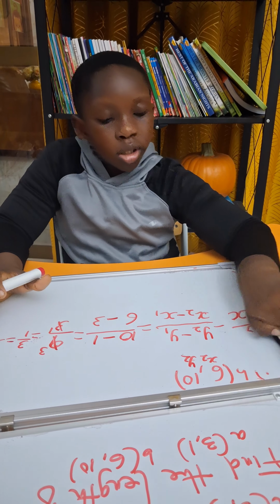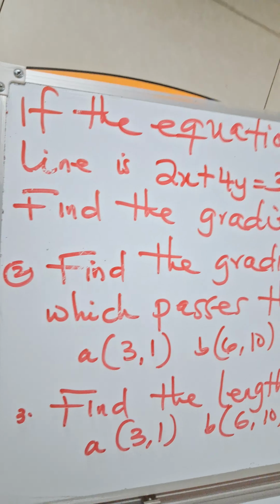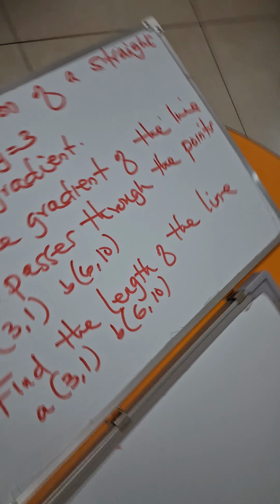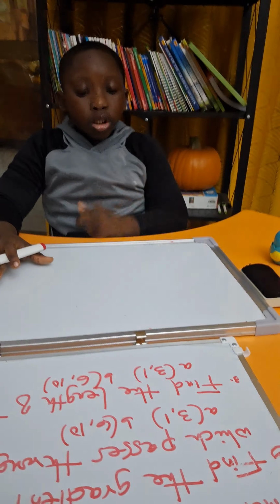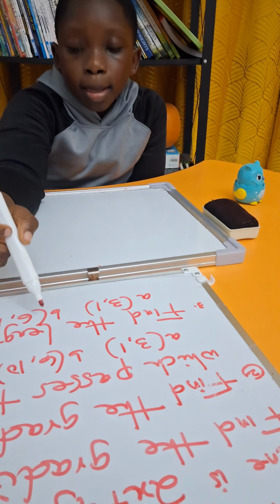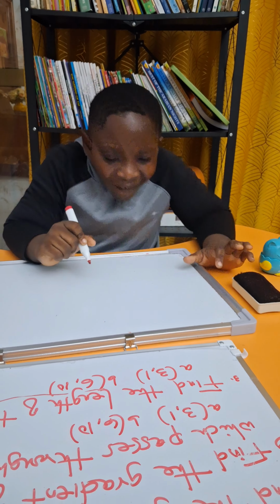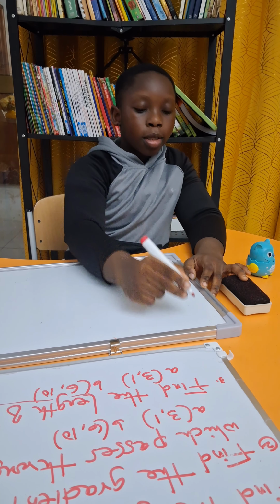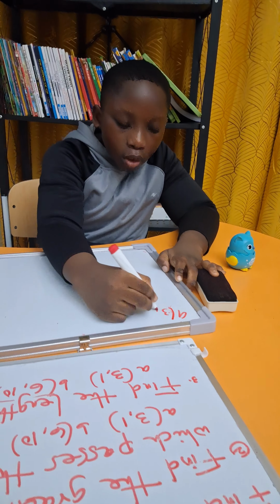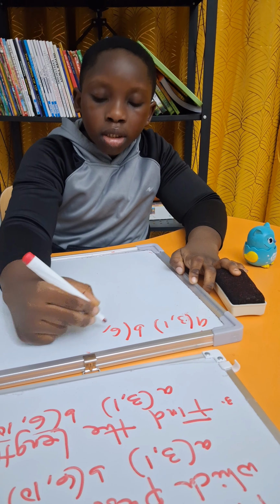Now let's move on to the third question. Find the length of the line A, 3 and 1, and B, 6 and 10. Now this may look the same, but see, it says find the length of the line. Finding the length of A, which is 3 and 1, and B, which is 6 and 10.